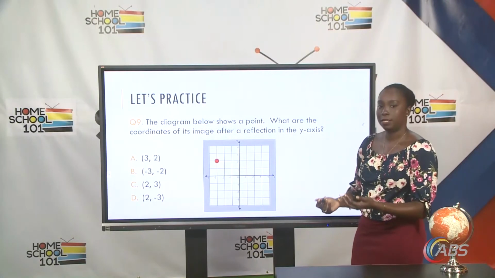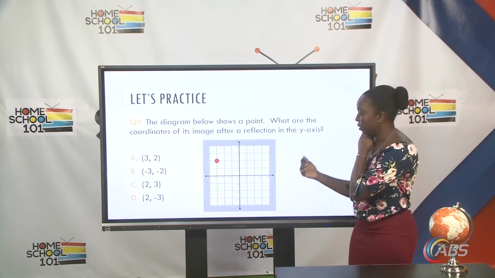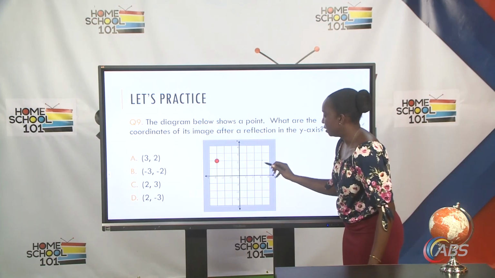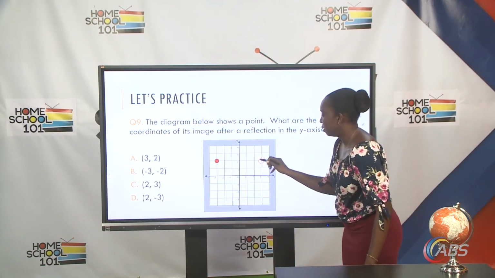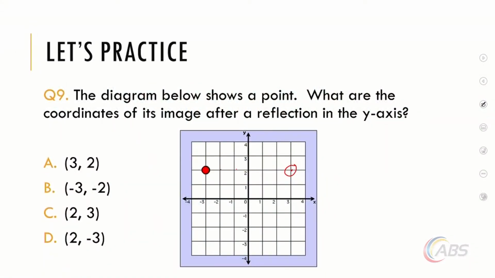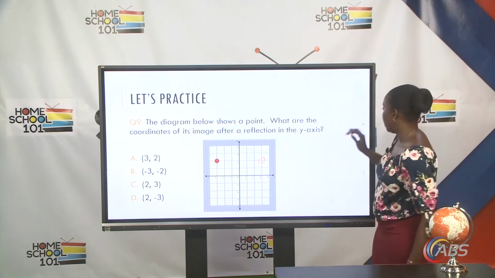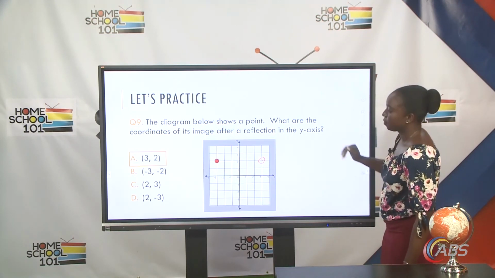And so I do the same thing going in the opposite direction. So I would count 1, 2, 3 places. And so this would be the location of my new object. And this is at point 3, 2, which is A.